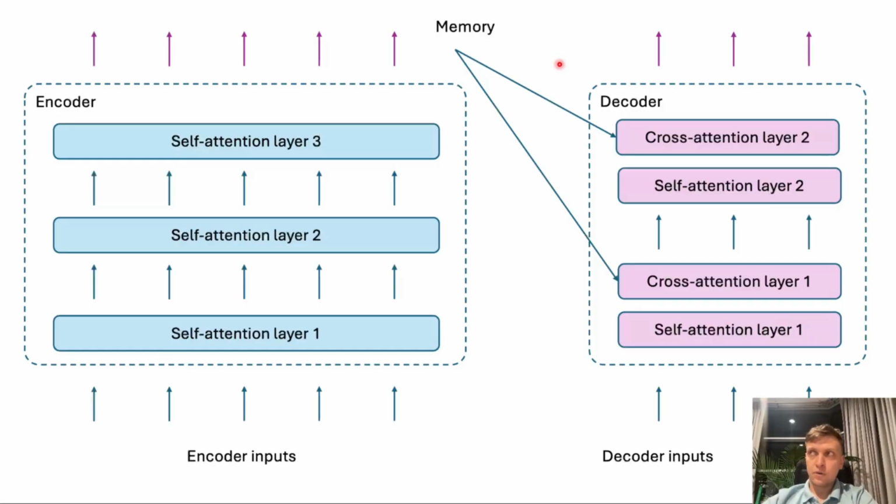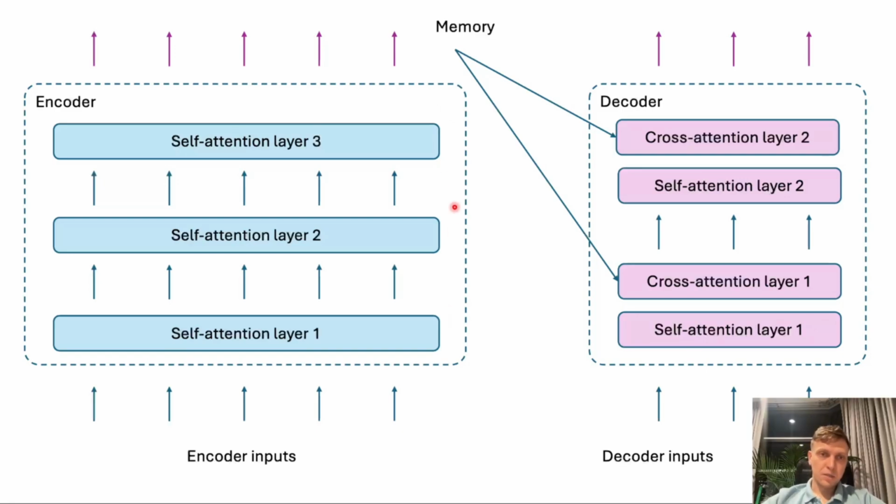In the case of VLA, our encoder can be our original VLM, and our decoder will be some kind of action head, or action expert, as it's called in Pi0. Also, sometimes you have a lot of useful information somewhere in between, not after the last layer of the encoder, but somewhere in the middle, because usually the last layer is overfitted to, let's say, predicting the next token or solving some particular task that was used for pre-training.